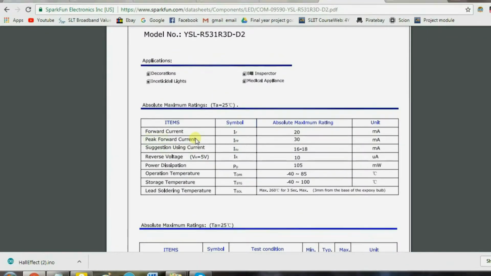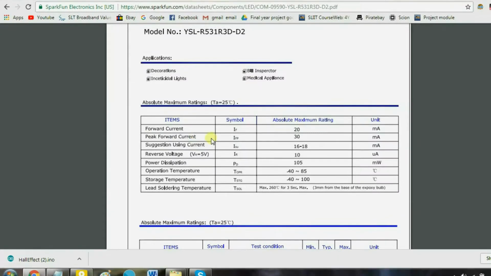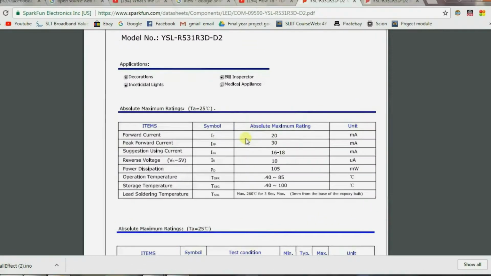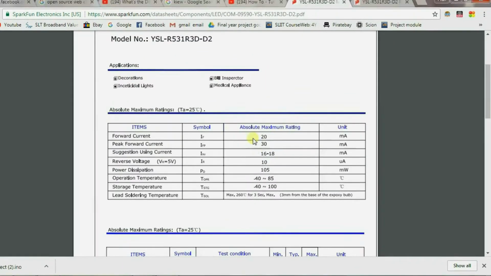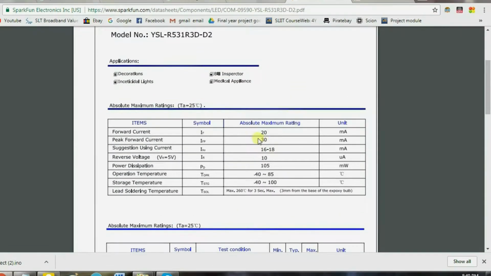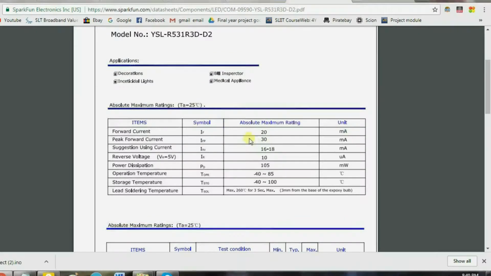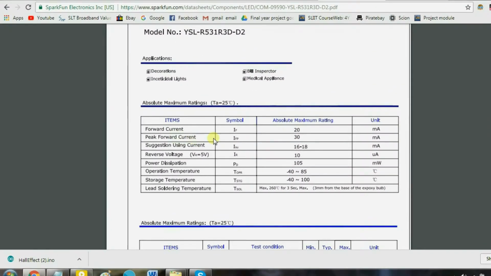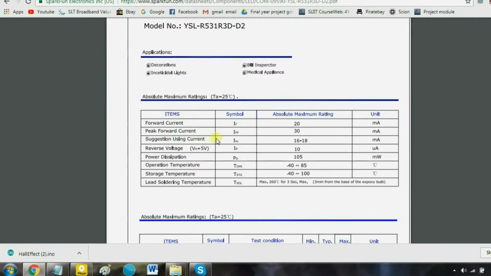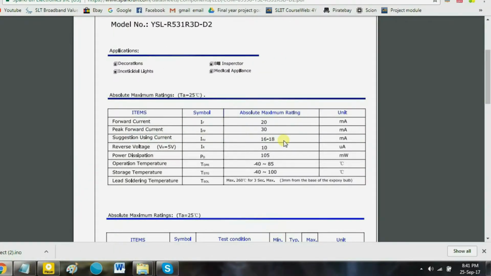For the peak forward current, you may provide slightly above the maximum allowable forward current, which is 30 milliamps versus 20 milliamps. You can let 30 milliamps flow for a very small period of time, and that is the peak forward current. The suggestion on the current is 16 to 18 milliamperes, as it was said in the description as well.